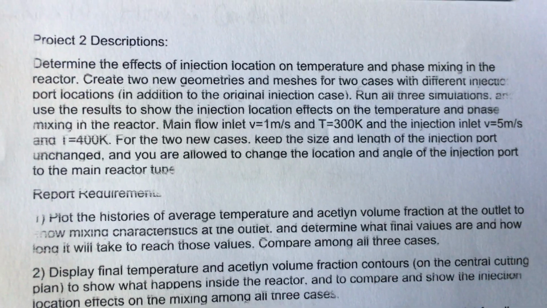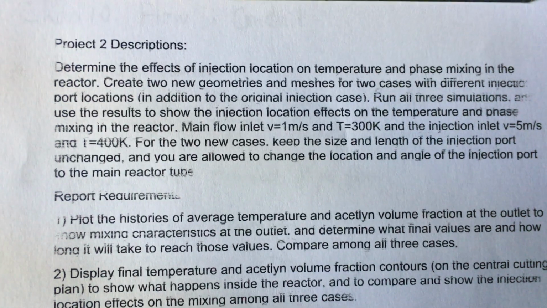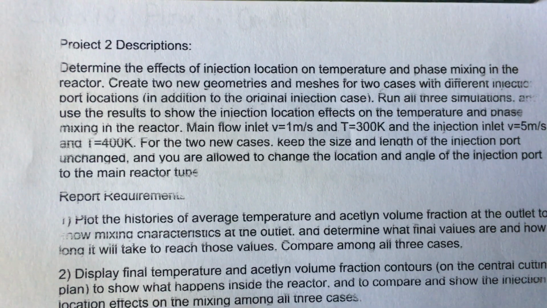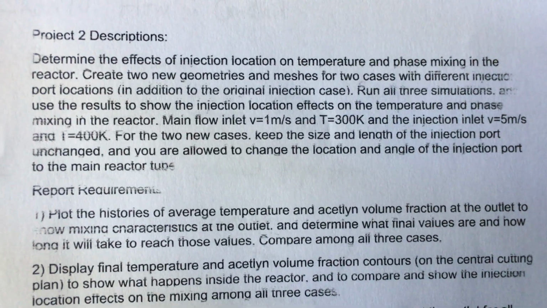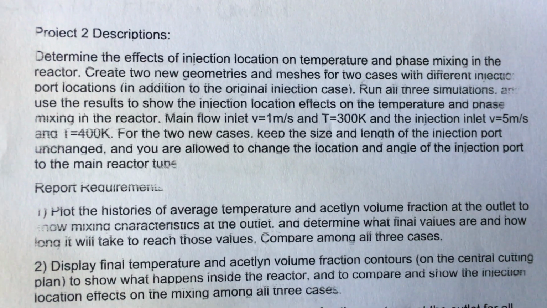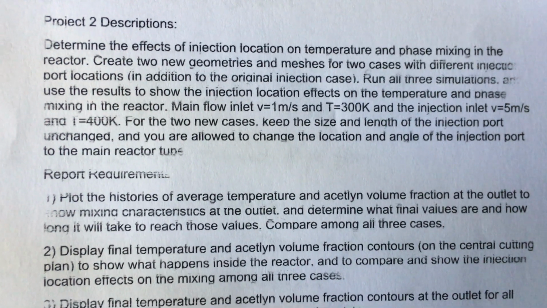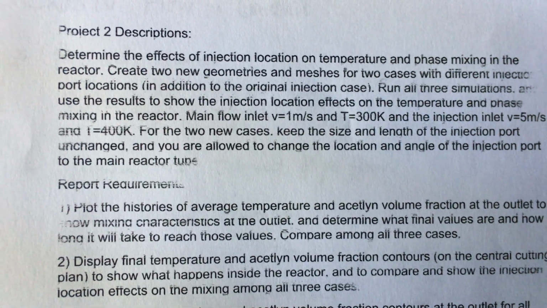The story is like this. It's a tubular reactor. The main flow is ethylene. In the polymerization reaction, ethylene becomes bigger molecules, a polymer. In order to initiate the polymerization reaction, we need to inject something called an initiator.